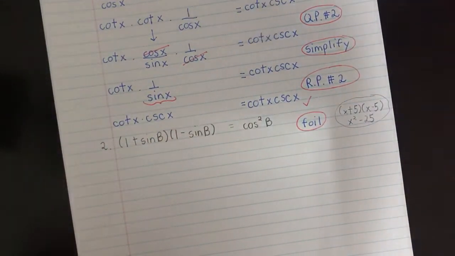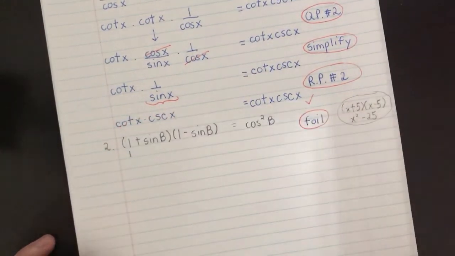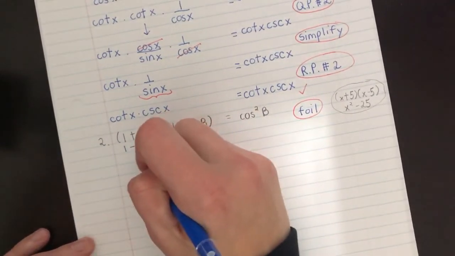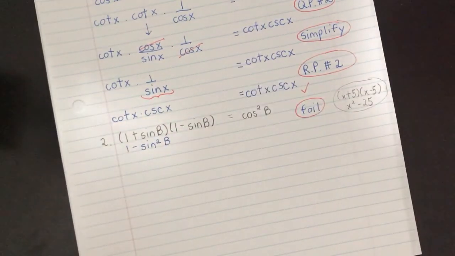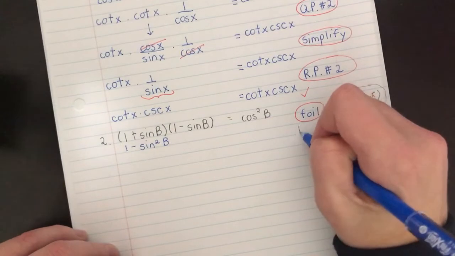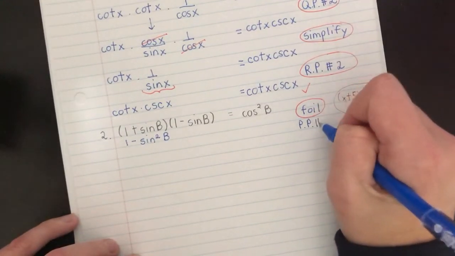If you FOIL that, of course, you're going to have 1 squared is 1, and then minus sine squared b. Then, from there, you should notice this is Pythagorean property number 1.